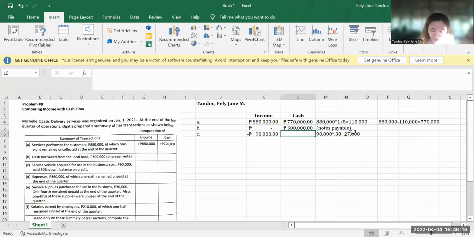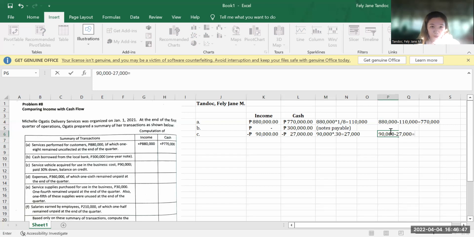My entry is to subtract 27,000, because he paid 30% down. For the balance, we also subtract: 90,000 minus 27,000 is equal to 63,000.